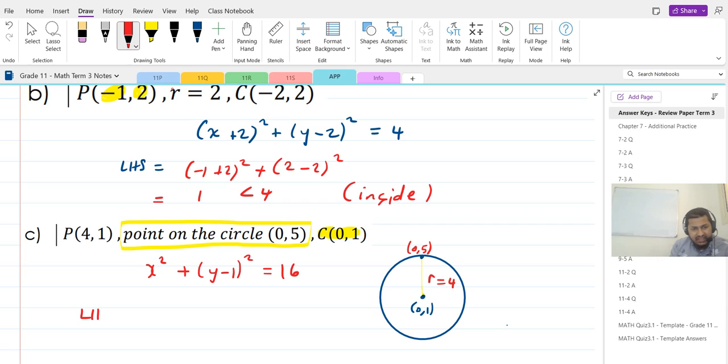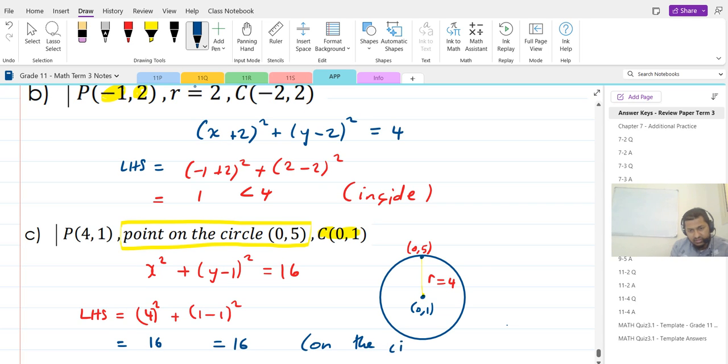Now the left hand side we're going to substitute the point 4, 1 inside x and y. So 4 squared plus 1 minus 1 squared is equal to, yeah, this is working out perfect. 16 is equal to 16, so this point P, 4, 1, lies on the circle.